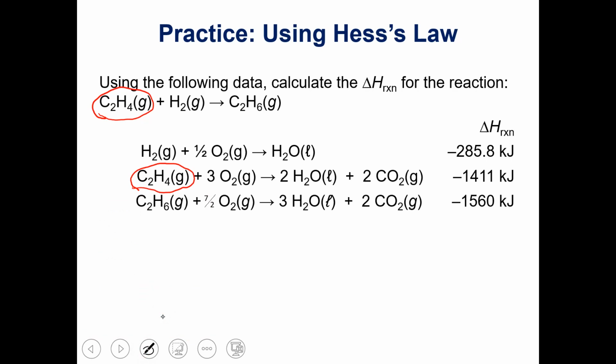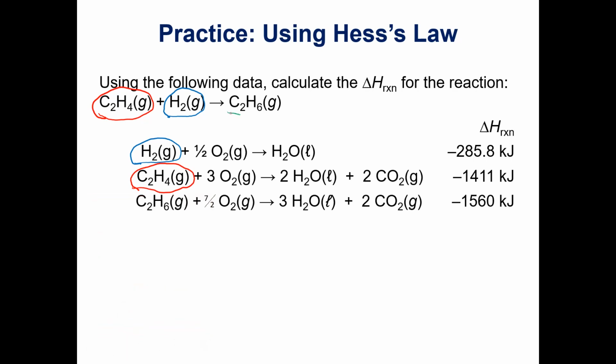Now, we also need H2 as a gas on the reactant side, and we find H2 as a gas on the reactant side in our equations. So that takes care of those two.